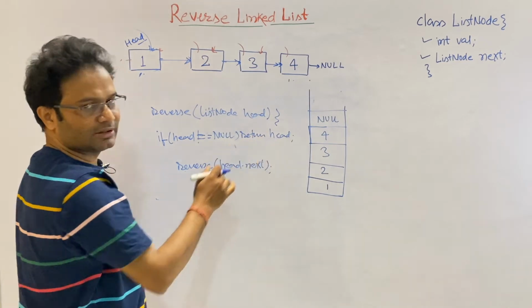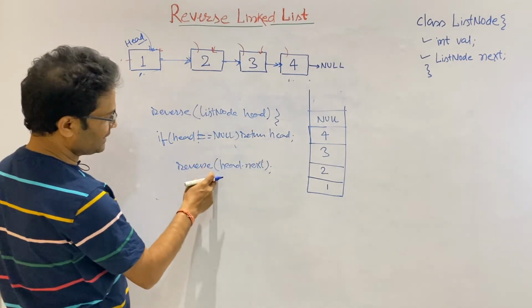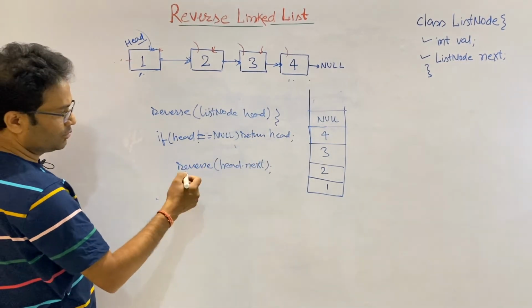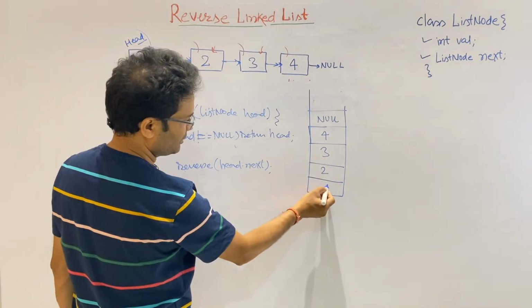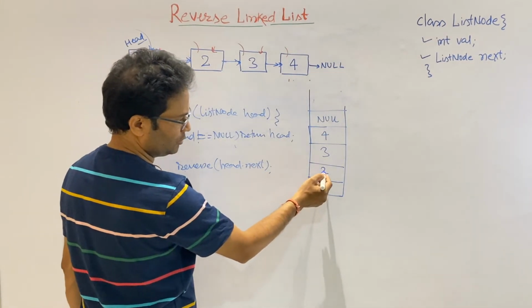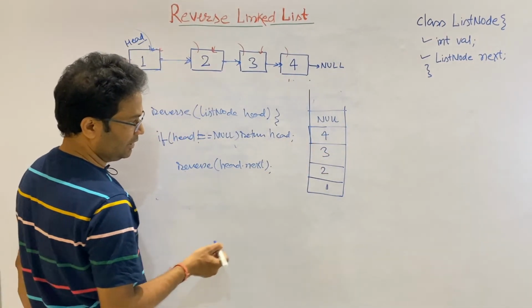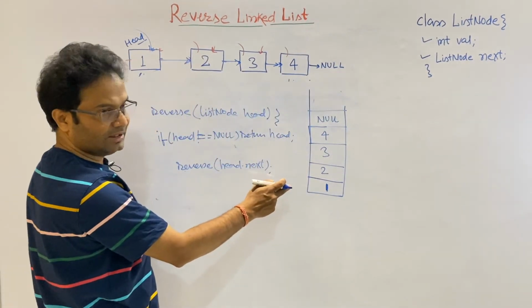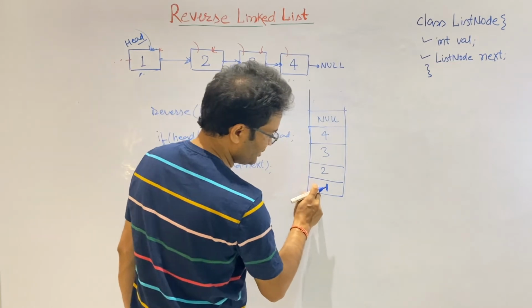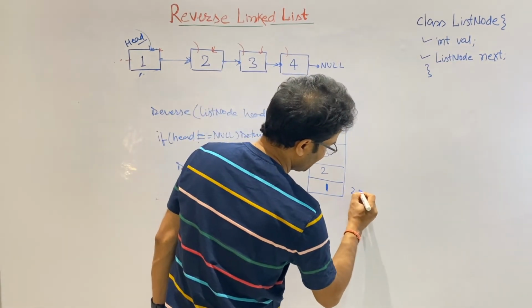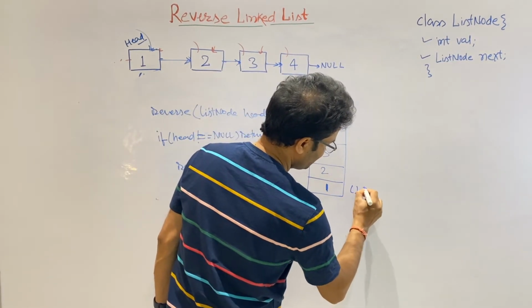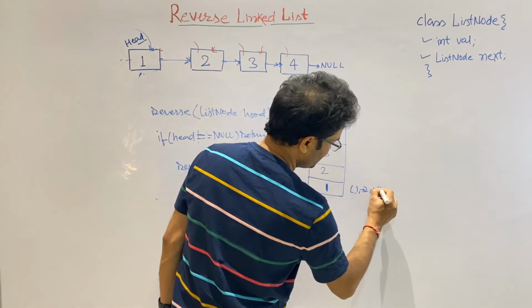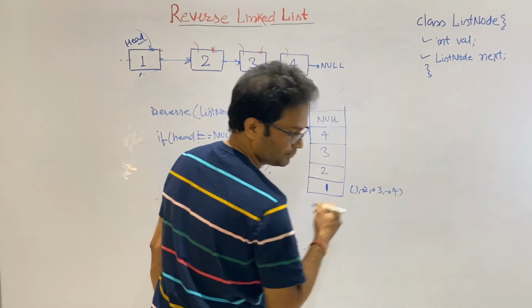So this is the termination condition, and every time it will reverse. So first time it will put the 1, next time it will put the 2, third time put the 3, but when it puts the next, this is only the head part, right? So if this 1 is the head, internally it has 1, 2, 3, 4.